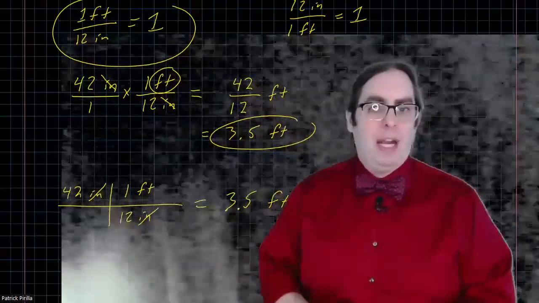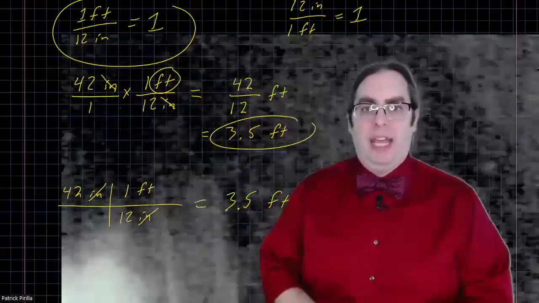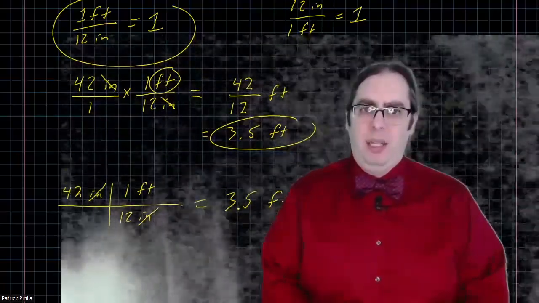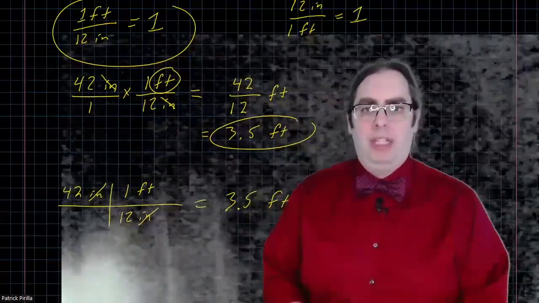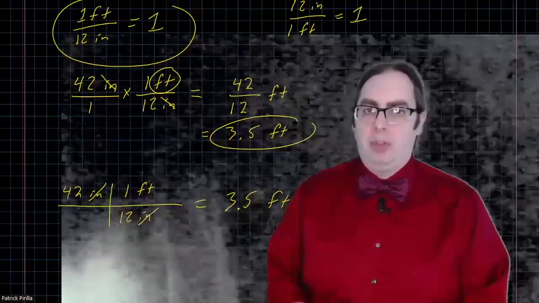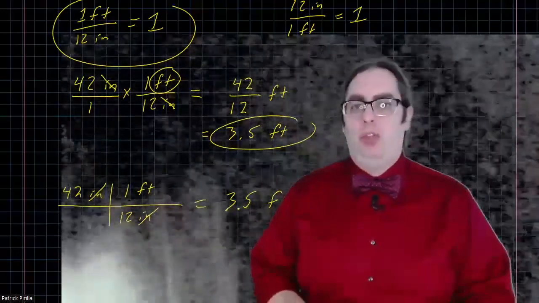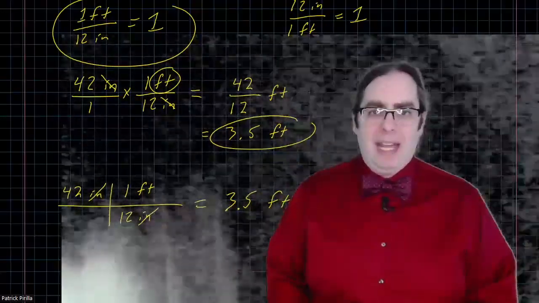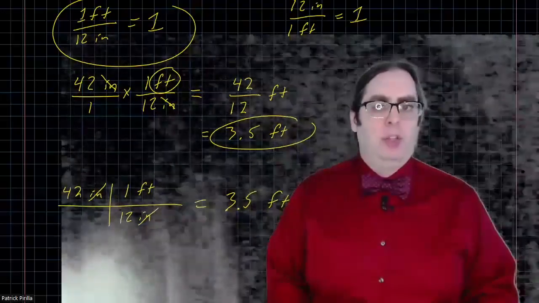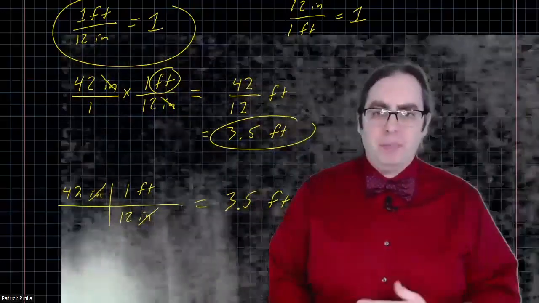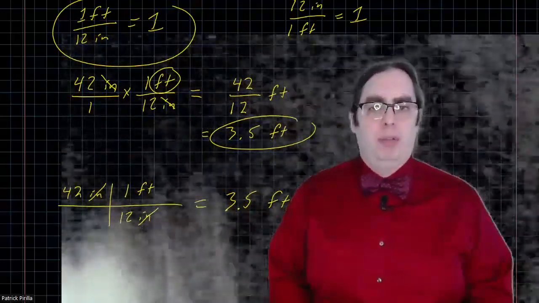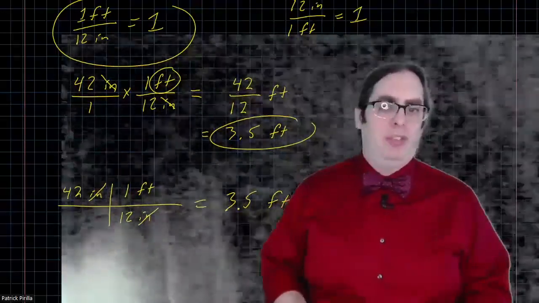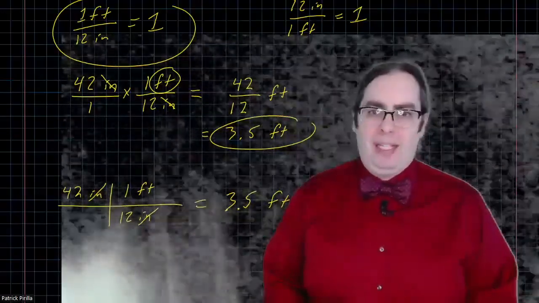But as a practice tool, I want you to get in the habit of writing out the conversions in detail, because we will later on in the course get to some much more cumbersome conversions, conversions that take 2 or 3 or 4 steps. And if you are already in the habit of writing out your conversions in detail, then when we get to those more cumbersome conversions, you will know exactly how to proceed, and you'll be able to extend this notation out without any issues.